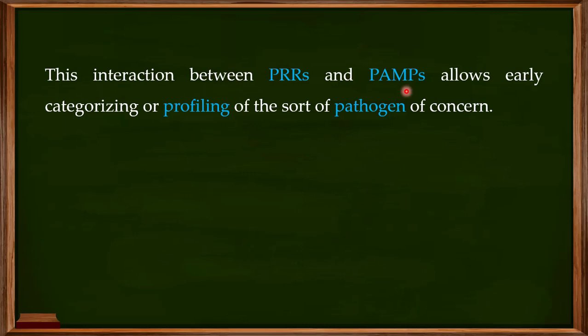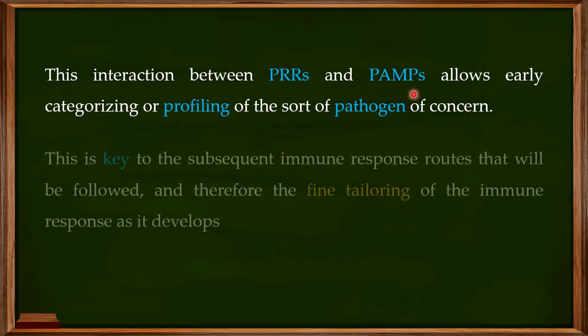This is very important because it is going to guide the immune system on what sort of immune reaction is needed against that particular pathogen or against that particular PAMP. So you are doing some sort of profiling by the interaction between the PRRs and the PAMPs.